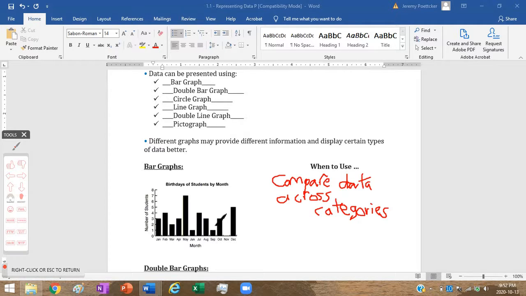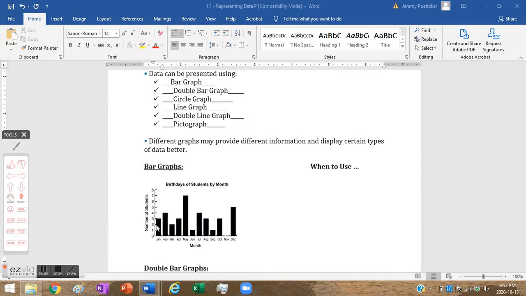You'll notice in a bar graph, there's a little gap between each of the bars. You'll notice that we've got the categories across the horizontal axis, and we have the data we're presenting and comparing across them up the y-axis. Right. You'll also notice that there is the same scale all the way up.